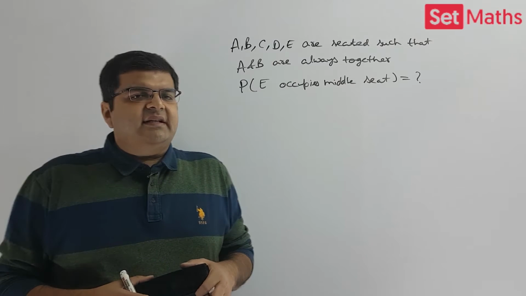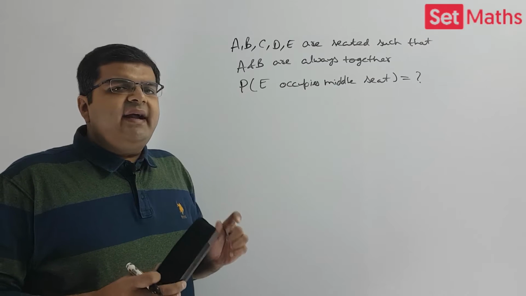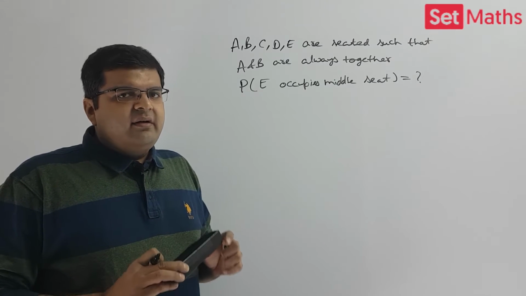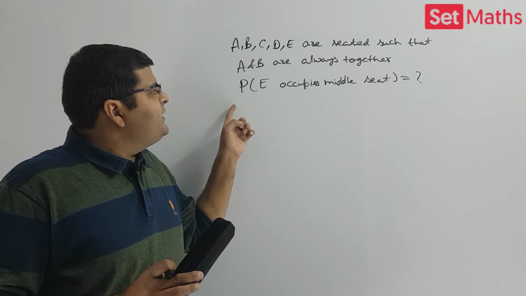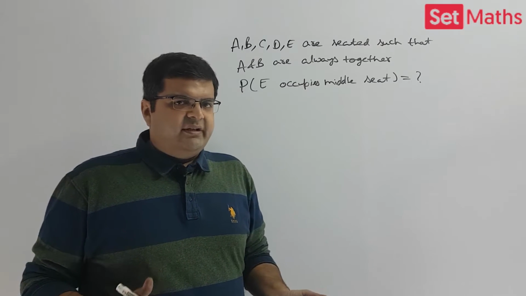Okay, so the question here says that A, B, C, D and E are seated such that A and B are always together. Given this condition, we need to find the probability that E occupies the middlemost seat.